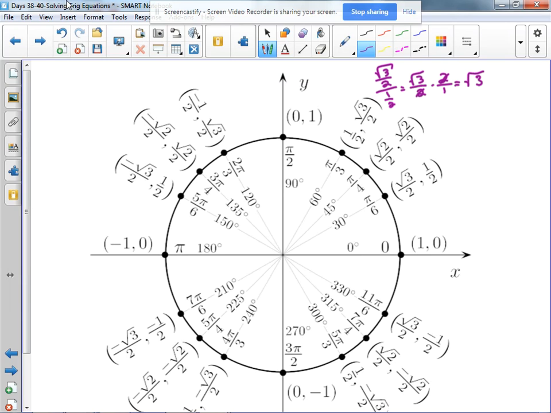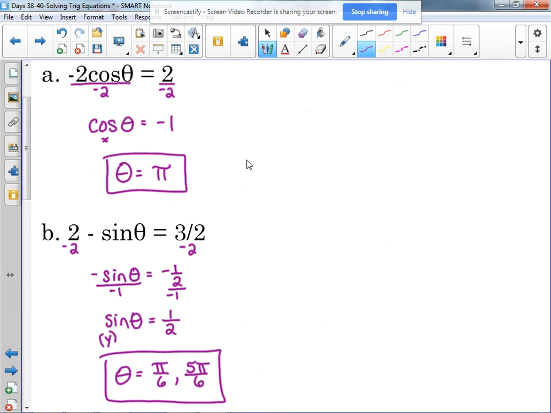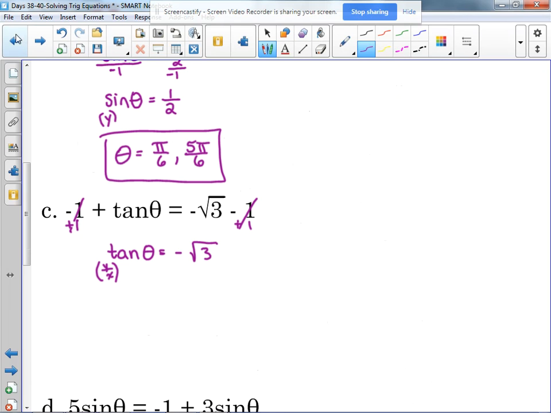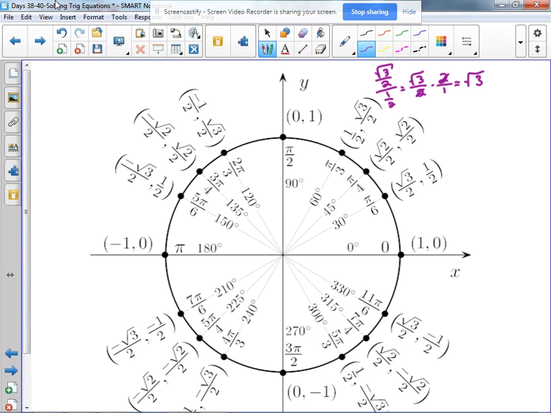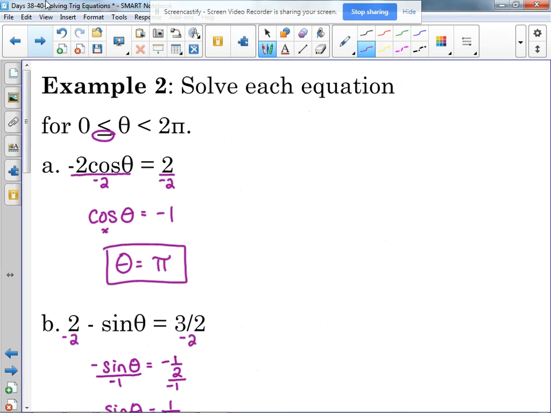If you do not already have that written on your unit circle, put it on your unit circle. But what do we need? We need a negative. Okay, so we're looking for pi over 3, but we need one positive, one negative. So that's going to be 2 pi over 3 and 5 pi over 3.